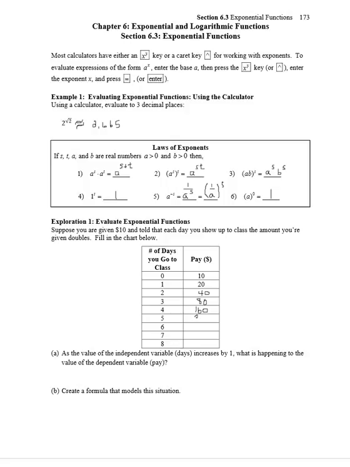160, 320, 640, 1280, and 2560. As the value of the independent variable, so the days, increases by 1, what happens to the value of the dependent variable?